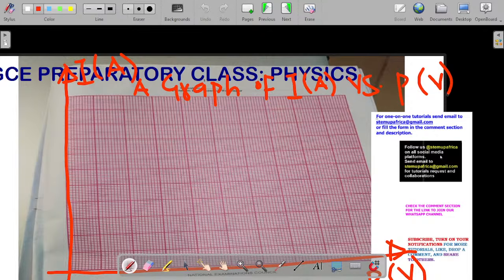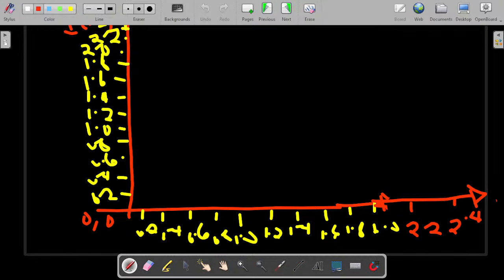So in the table now, when P is 0, you move from the horizontal to the vertical. When P is 0.8, my I is also what? 0.8, right? So I will come to the graph. Here is 0.8, I will come here, 0.8, 0.8.